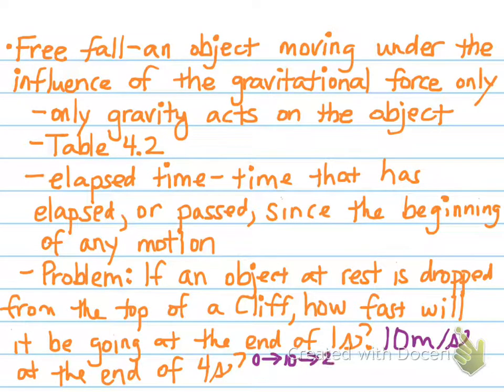After 2 seconds, 20. After 3 seconds, 30. And after 4 seconds, it's going to be going 40 meters per second, because it has picked up 10 meters per second each second it's fallen, because the acceleration is 10 meters per second squared.